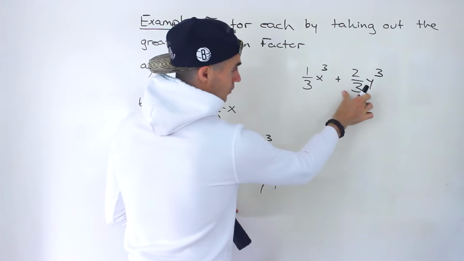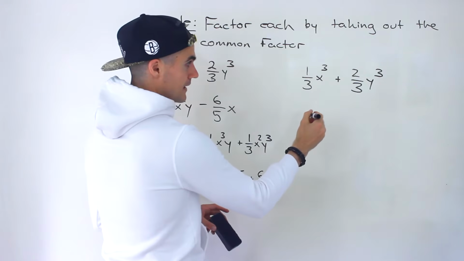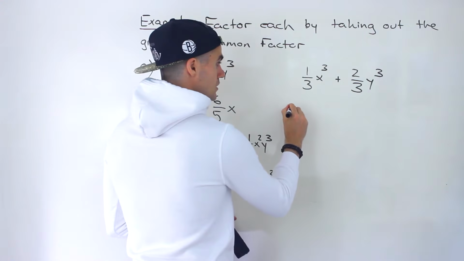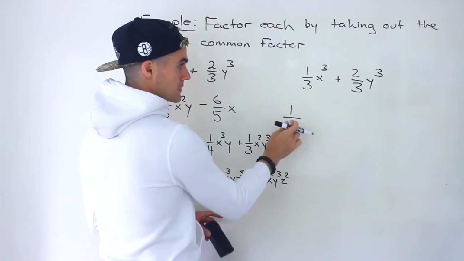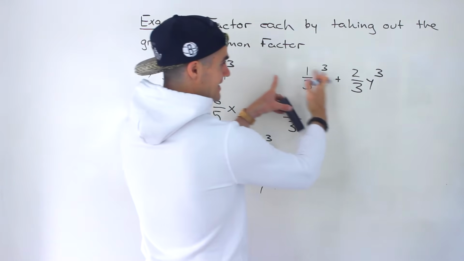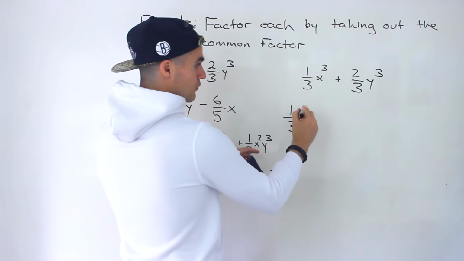And notice in this case, they already have a common denominator of 3. And so the first thing I do to start this question off is I take out a 1 over that common denominator. In this case, it's 3.